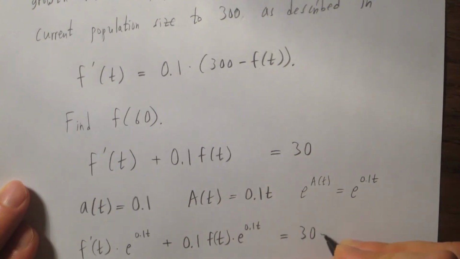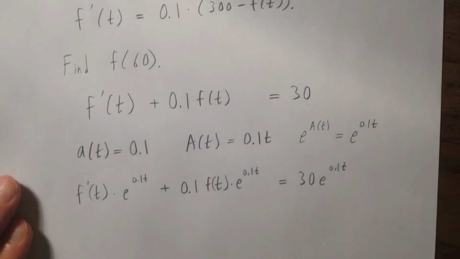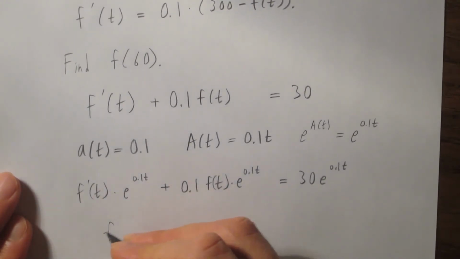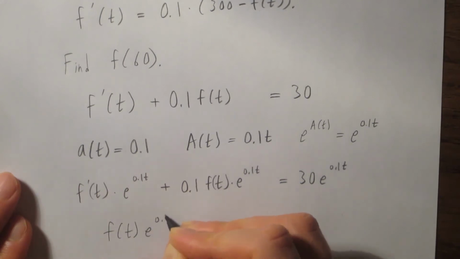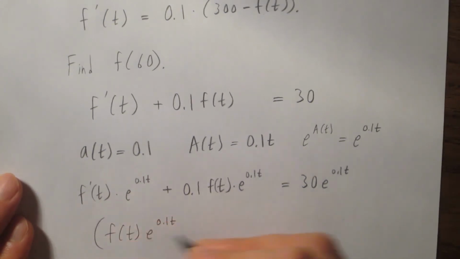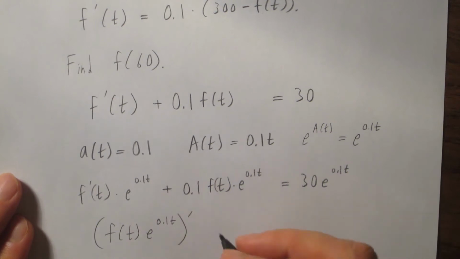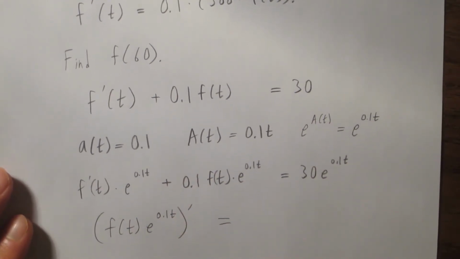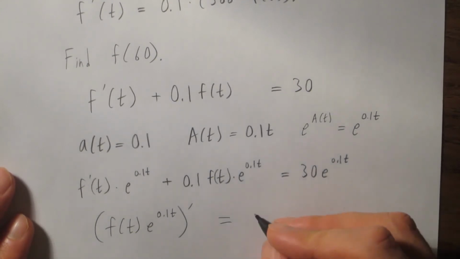So we multiply also the right-hand side, of course, if we multiply the left-hand side by the integrating factor. Now, here's the nice thing. Now you can rewrite the left-hand side as this product by using the product rule backwards.